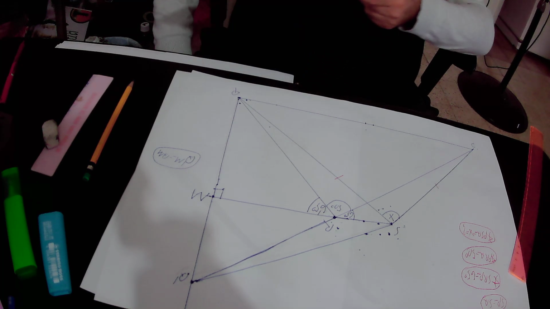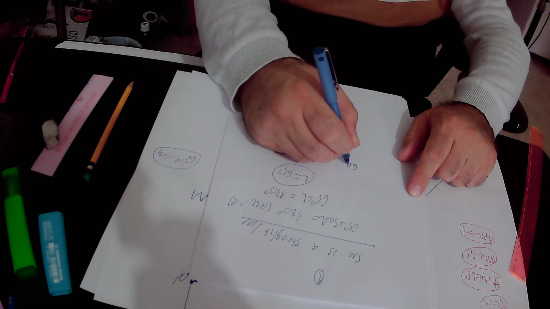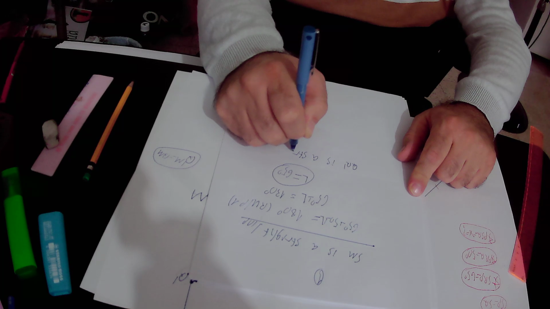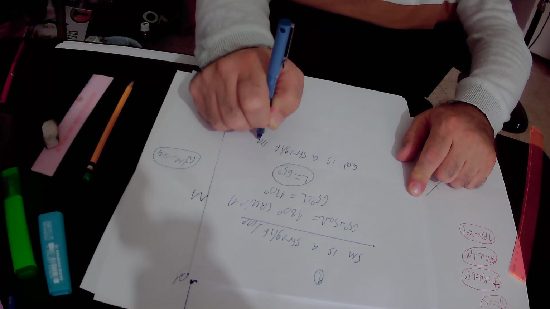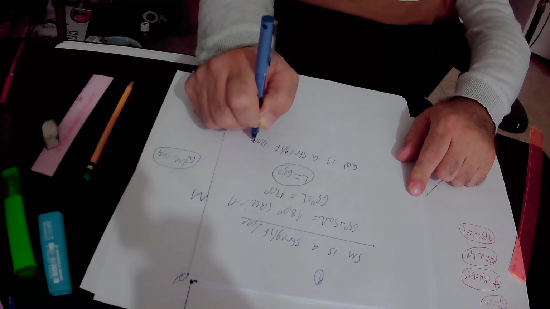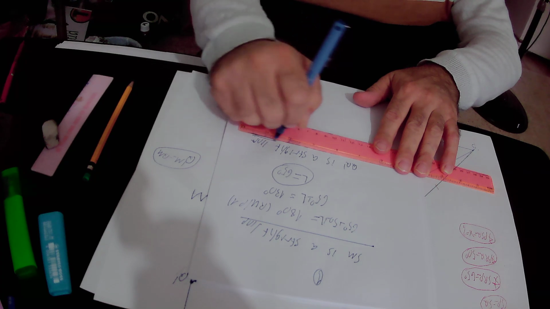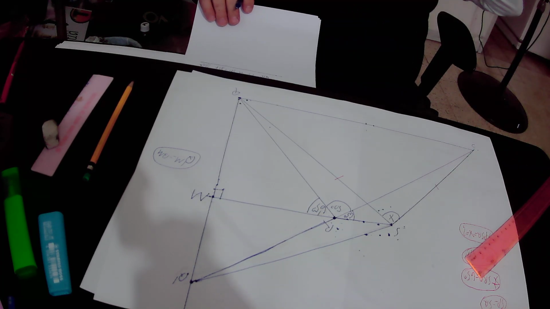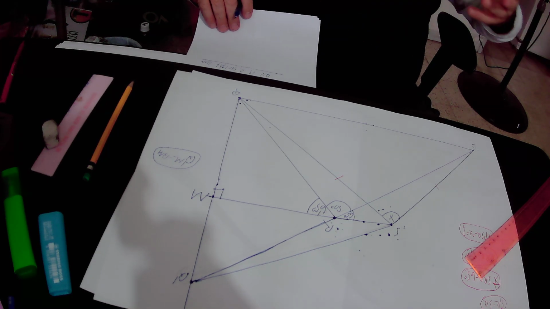So we write down that QQ' is a straight line, and we have rule number 1 that states that the sum of the angles on one side of a straight line is equal to 180 degrees.